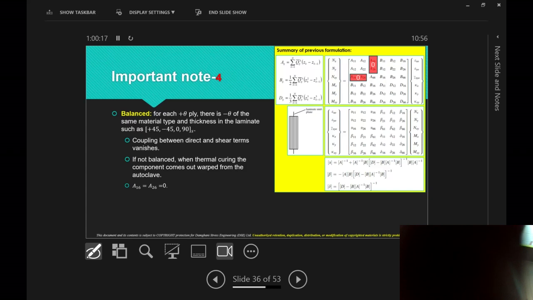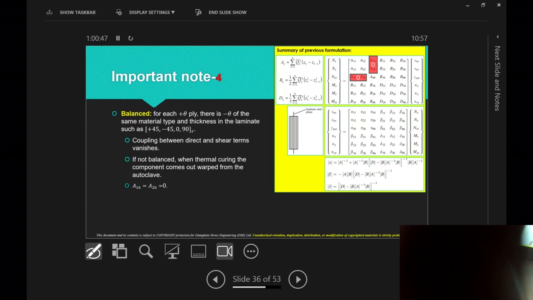Again, we use a balanced stacking sequence as well in industry. So balanced, symmetric, always remember it. You go to work in any company, balanced, symmetric is just given. What does balanced mean? It means in your stacking sequence, for every theta ply that you have, you've got a minus theta. So if I've got a 45 degree ply, I've got to have a minus 45 degree. Otherwise the coupling comes in, and I will have some coupling impacts.